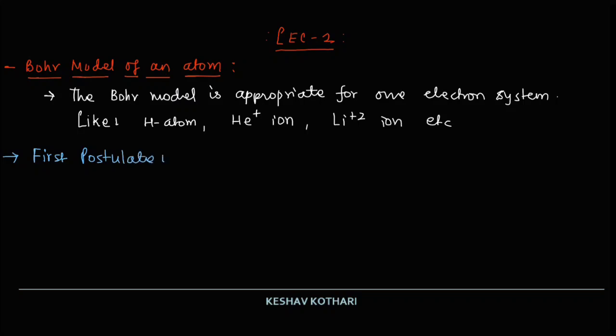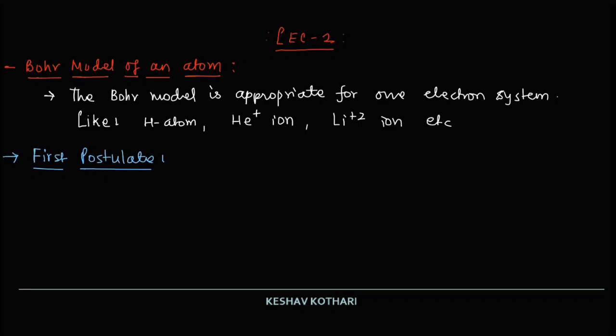Now the first postulate states that during revolution of electron around the nucleus in the circular orbit, the electric Coulomb's force on electron is balanced by the centrifugal force acting on it in the rotating frame of reference.